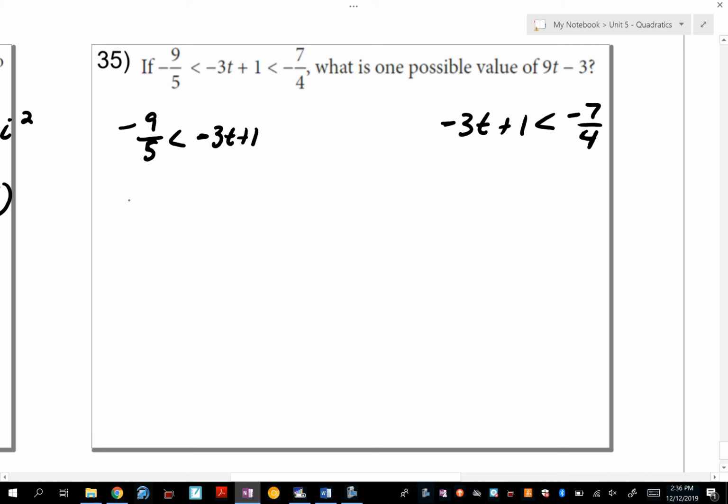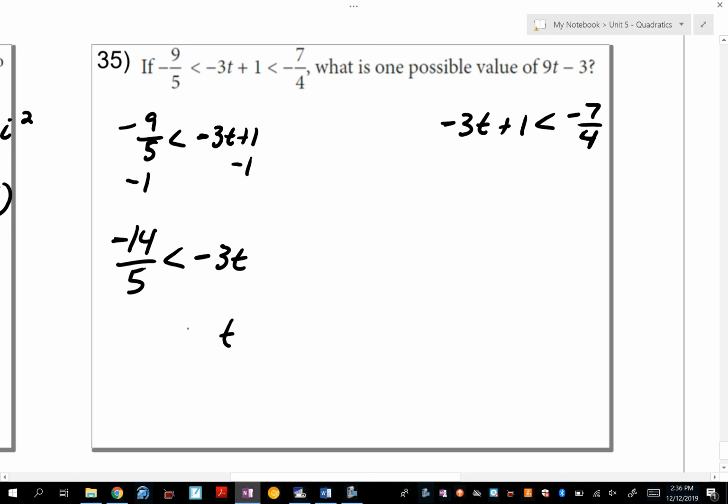Let's do it. So if I move that 1 over with subtraction, what's negative 9/5 minus 1? Because negative 9/5 minus 5/5 would be negative 14/5. You can use calculators, guys. Less than negative 3t.